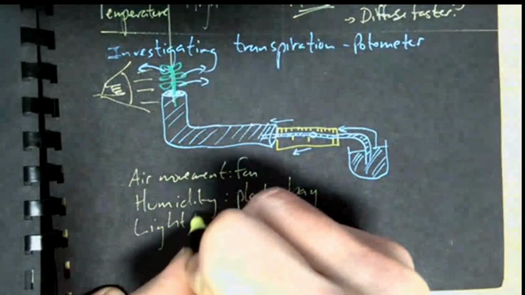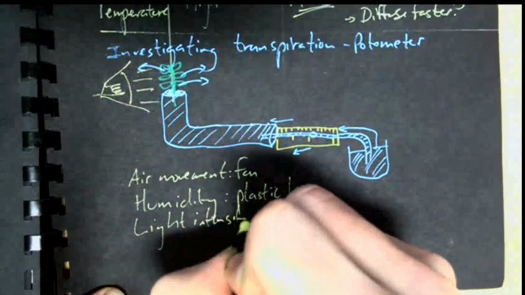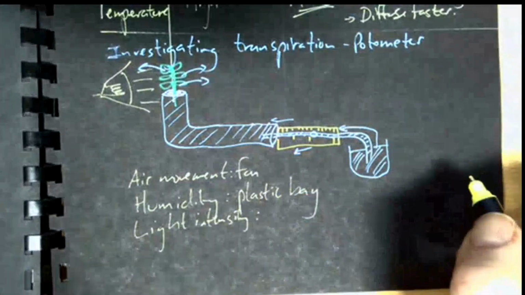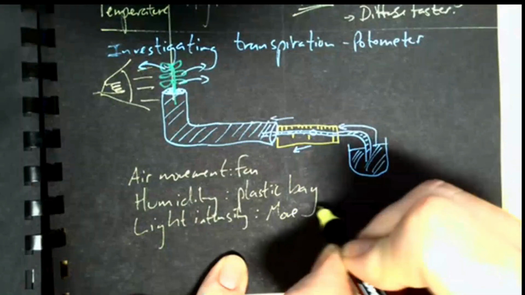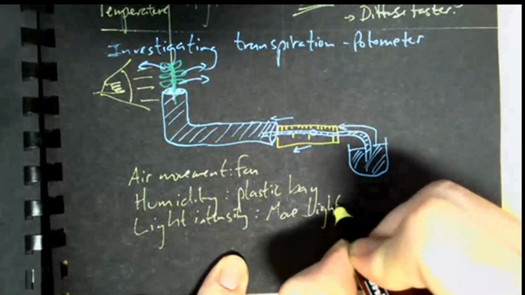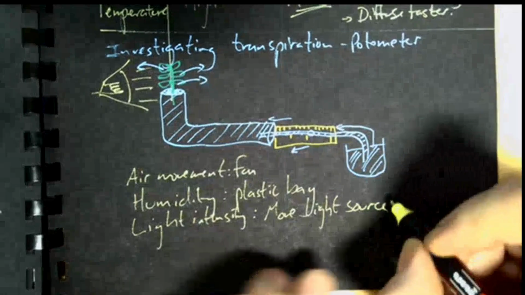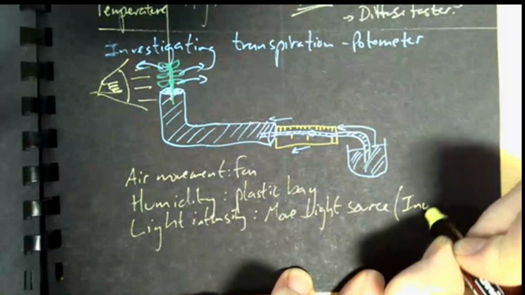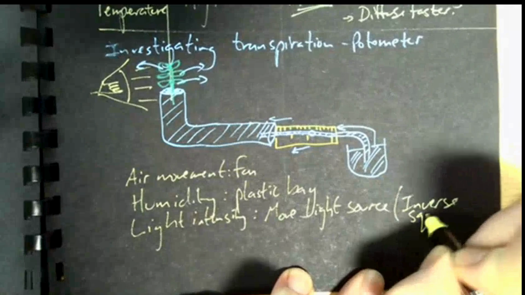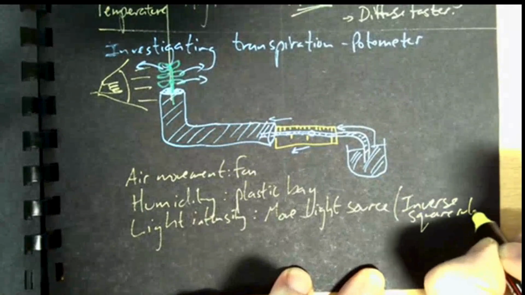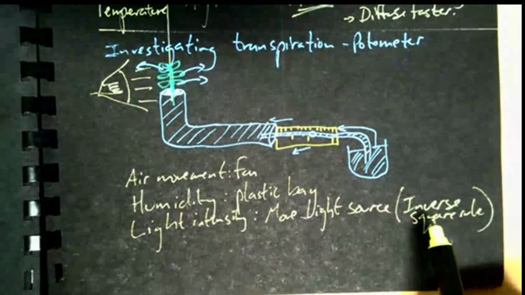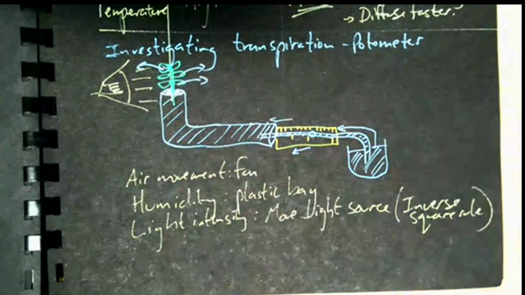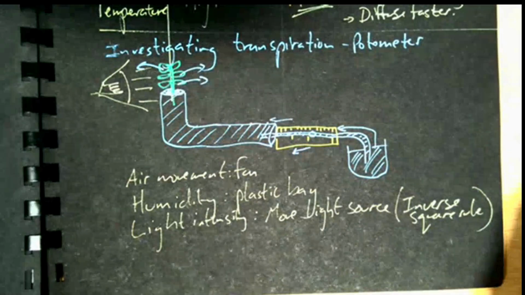For light intensity, we can move the light source, and it's worth going away and looking up the inverse square rule. This talks through how light spreads out over an area as you move it away.